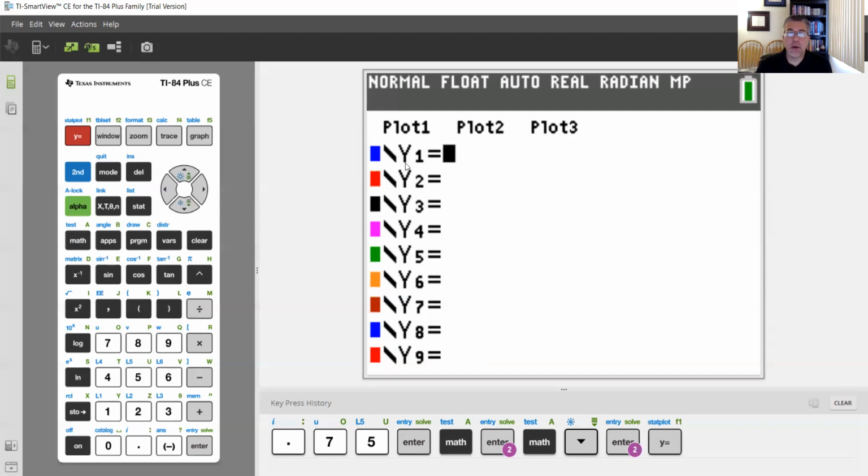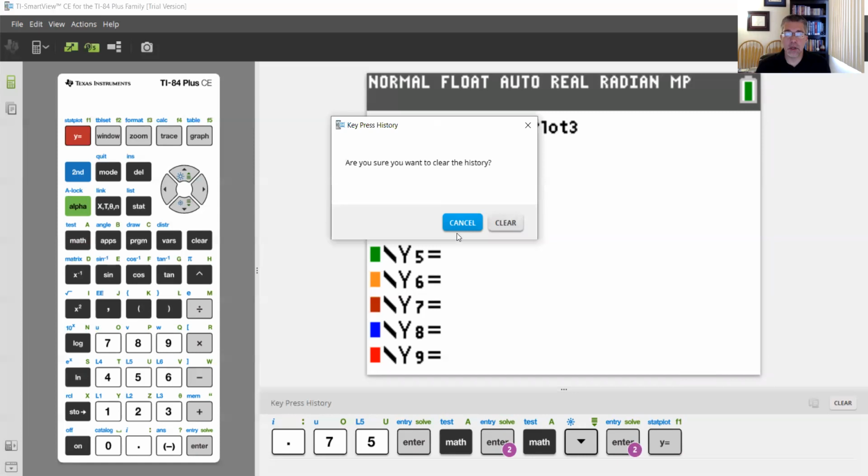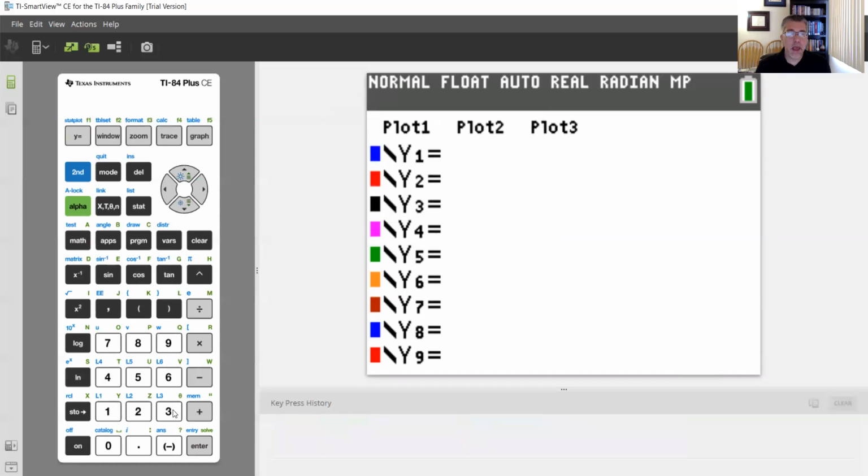So we're going to plug into our first line here the equation, and I'm going to write in the equation negative x squared plus 6x minus 5. So I want negative. Now there's a big difference between a minus sign on the calculator and a negative sign.